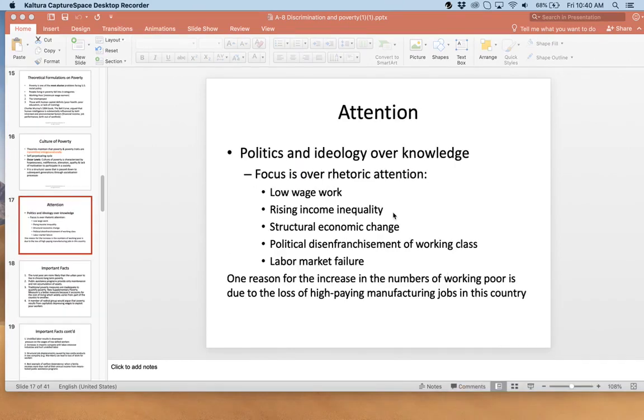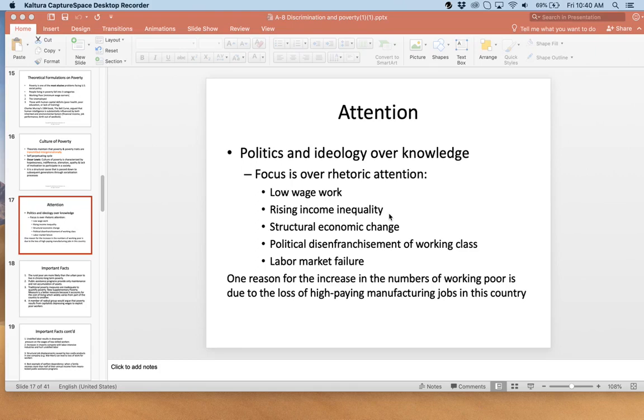When discussing poverty, attention has just been given by politicians on politics and ideology over knowledge. However, we know through science and through study that low wages, rising income inequality, structural economic change, for example, job relocation to other countries, or purchasing goods that are cheap, kills industries.